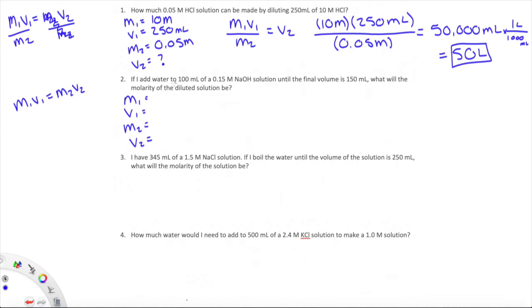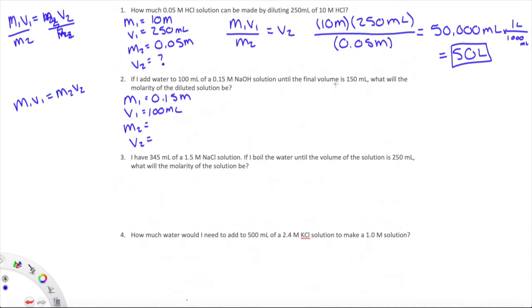If I add water to 100 milliliters of a 0.15 molar sodium hydroxide solution until the final volume is 150 milliliters, what will the molarity of the diluted solution be? So if I add water to 100 milliliters, so 100 milliliters is going to be my initial volume, and the concentration of that is 0.15 molar. That's my initial concentration.